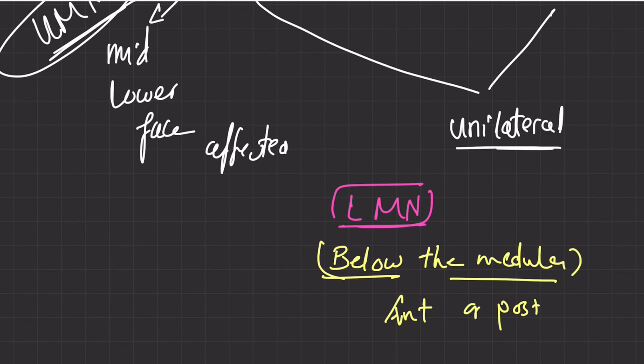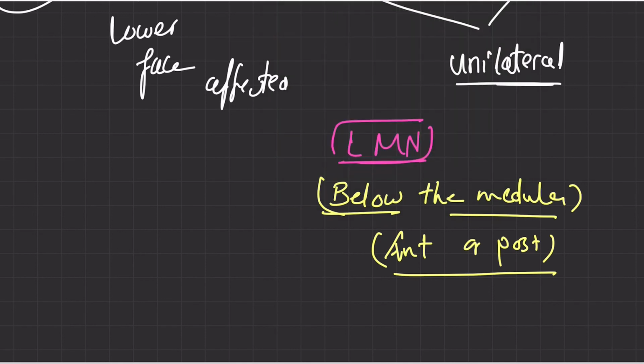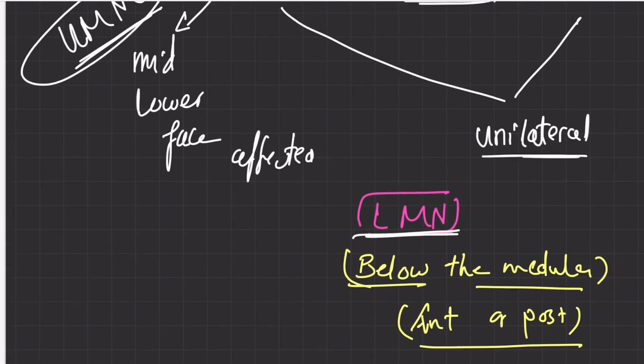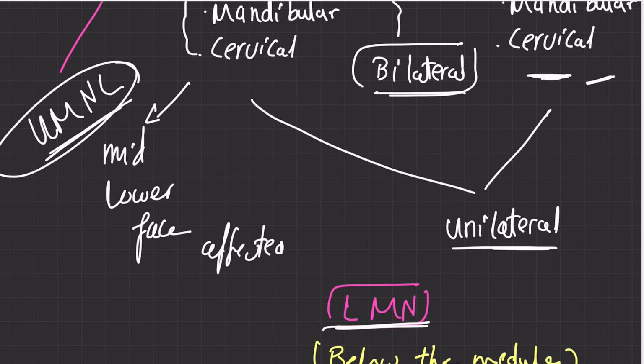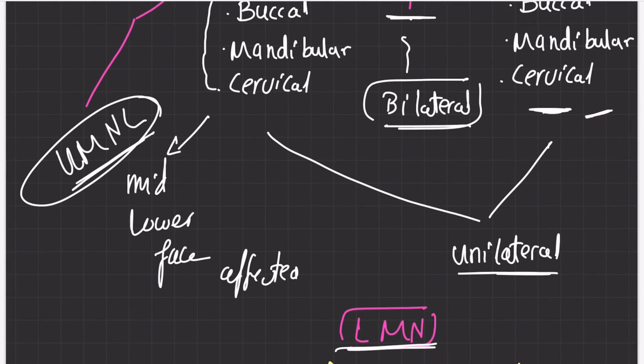These are the fibers that transmit the impulses from both anterior and posterior, so there are no differences. So for lower motor neuron lesions, the ipsilateral whole face will be affected. The whole side will be affected.